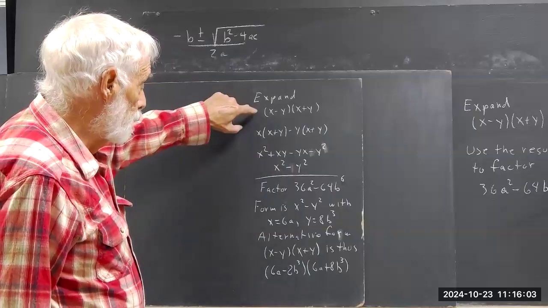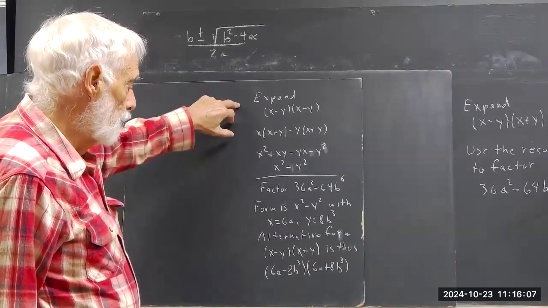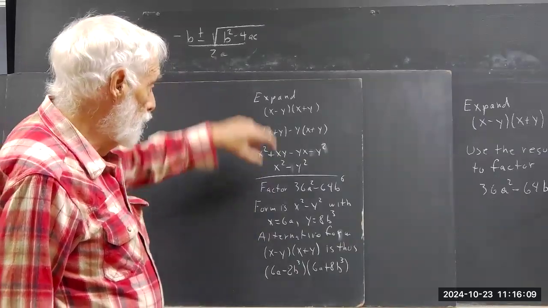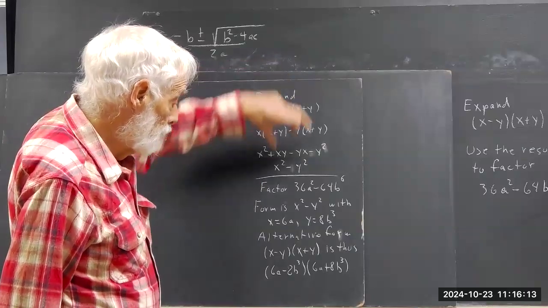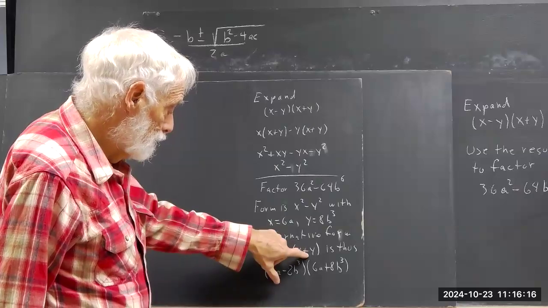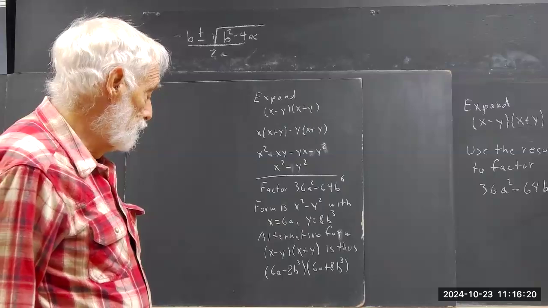Since this form is identical to this form, it's equal to this form. Then if I use that x and that y in this form, this is what I get, and that's the factored form.